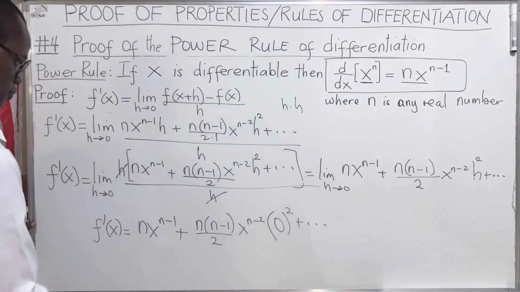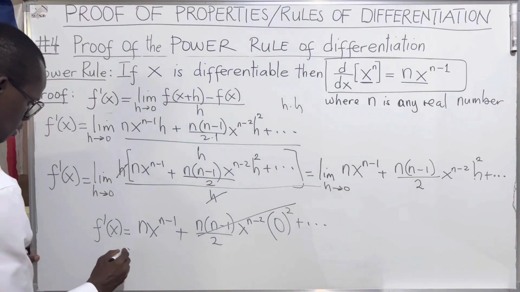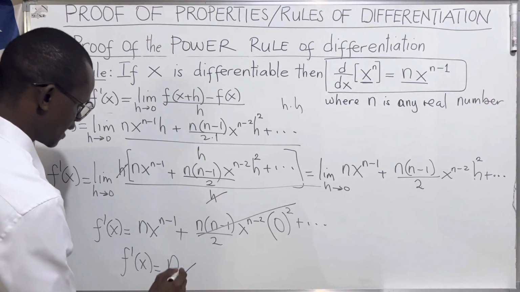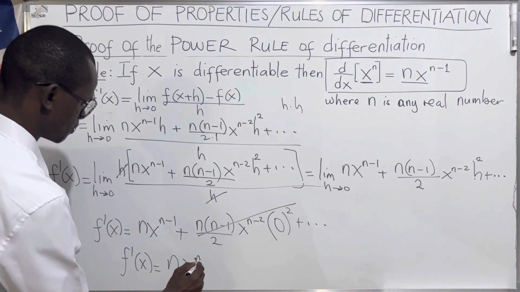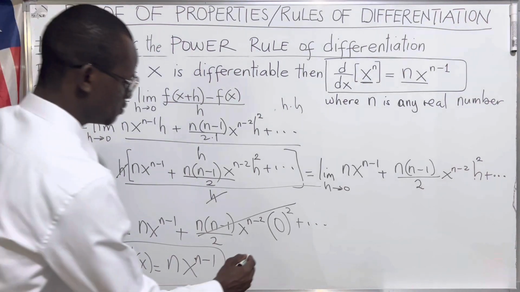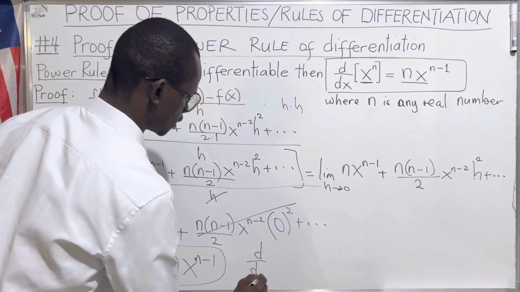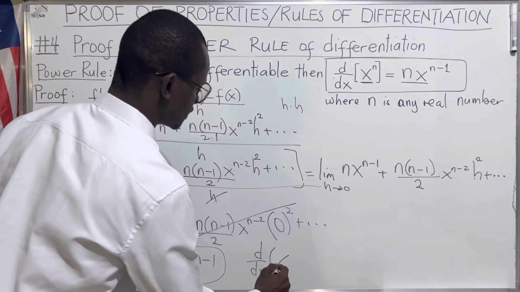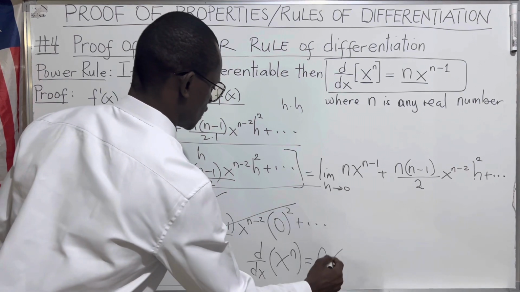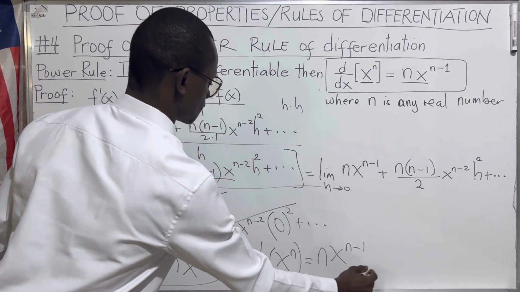Therefore, f prime of x would just be equal to n x raised to the power n minus 1, which is now the derivative of the function x raised to the power n.